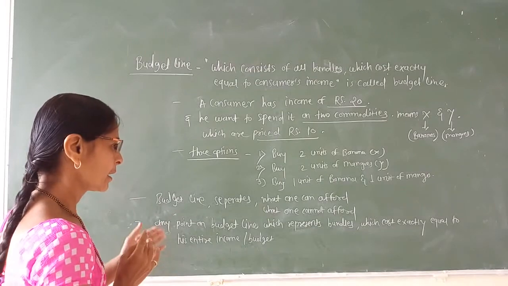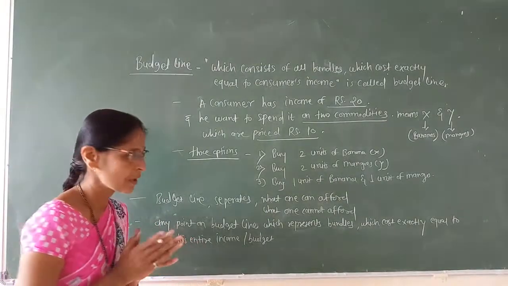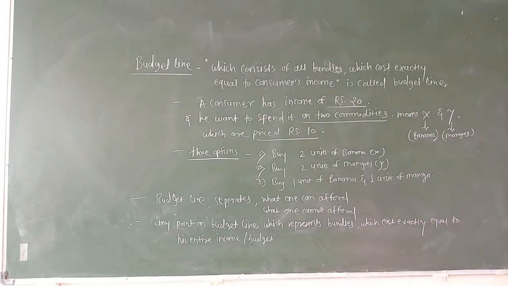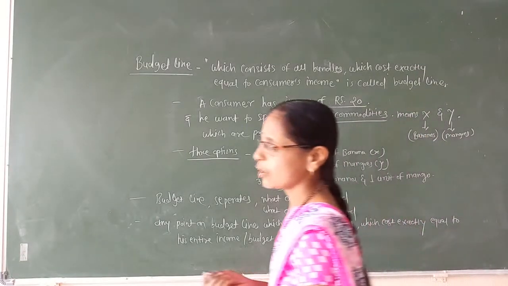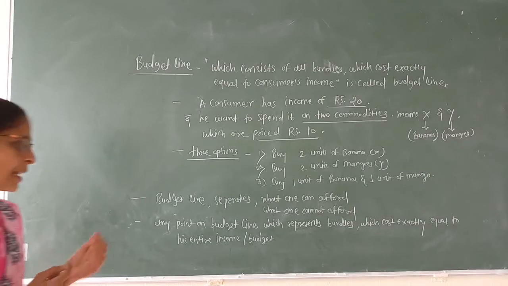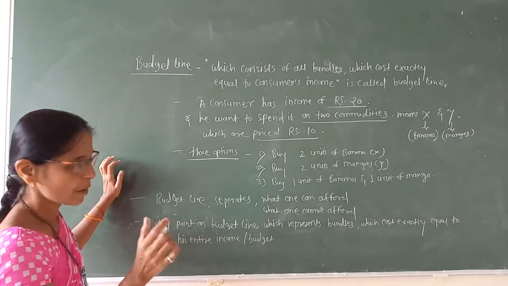So if she wants an extra unit of banana, she will have to reduce her expenditure on the mango by the P1 amount.